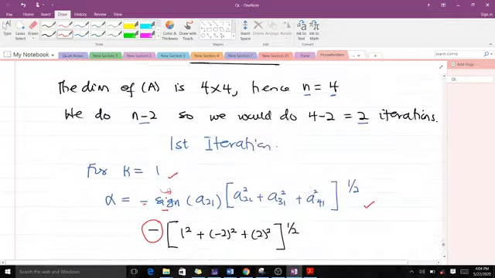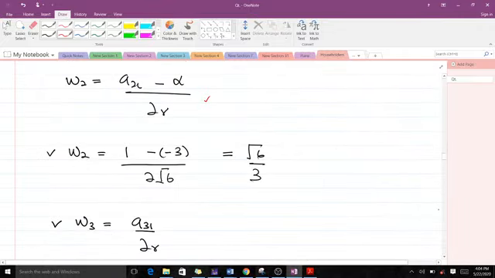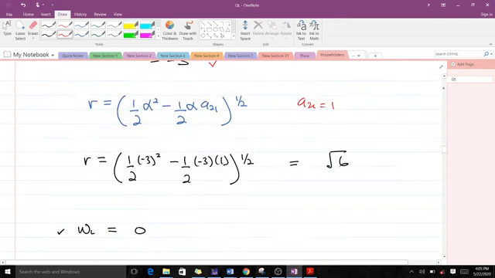That's the reason why we have this formula here for computing our w2. So our w2 will be equal to our a21 which is 1, our alpha is negative 3, our r is root 6, so 2 times r is 2 root 6. When you compute our w2, we get root 6 over 3.